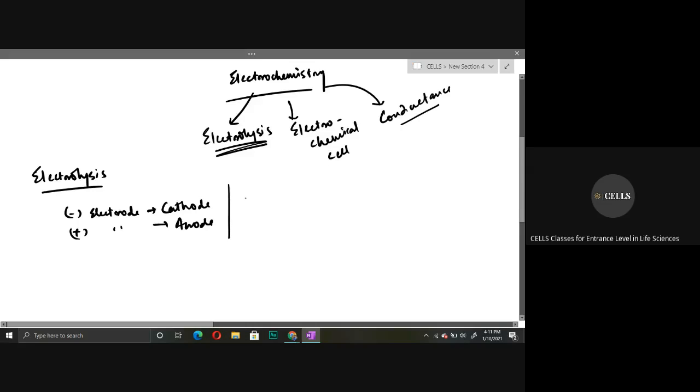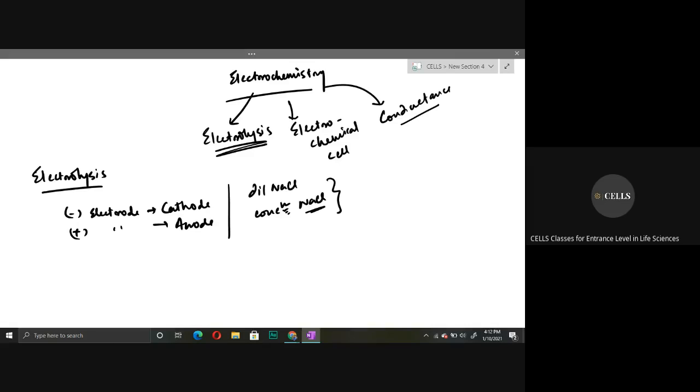Suppose there is a particular solution like dilute NaCl, or a concentrated NaCl solution. Please be with me for a few minutes, then you will understand all the things I'm trying to explain. So in electrolysis, suppose you are given a solution, which ions will move towards which electrode?